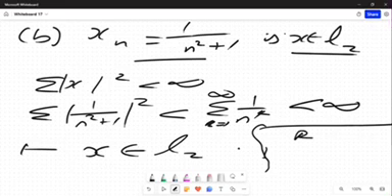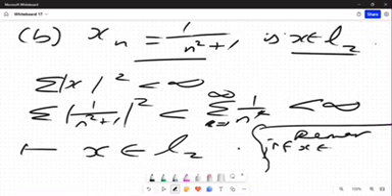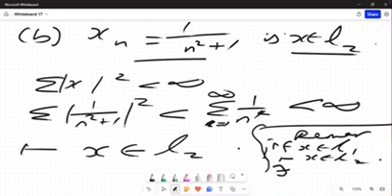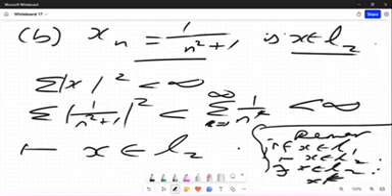I'm just trying to make some remark on those two examples. From those two examples, we've shown that if x is in L1, it follows that x is also in L2. But we have shown that there exists some x in L2 such that x is not in L1.